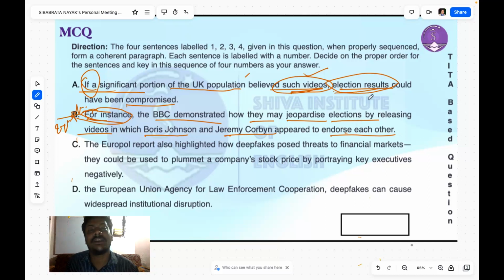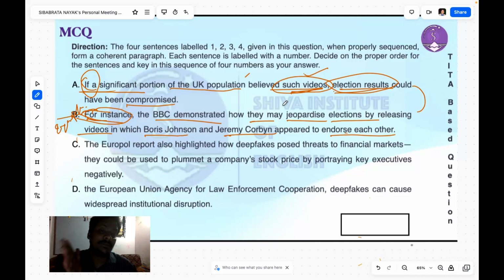Now you could find out it becomes easy for the candidate to realize that option A and option B make a link here. The first statement stated that if a significant portion of the UK population relies on some videos, election results could have been compromised.